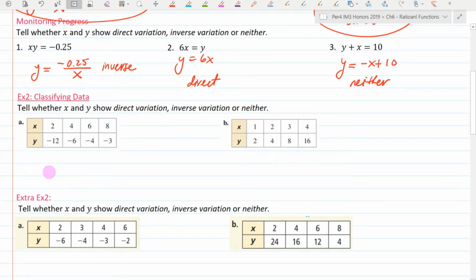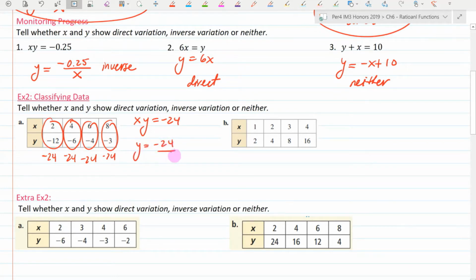So then we look at multiplication. If I multiply these two together, and these two together, I get negative 24. So x times y equals negative 24. That means that y is equal to negative 24 over x, because everywhere in this problem, if you multiply x times y, it equals negative 24. This is inverse variation.